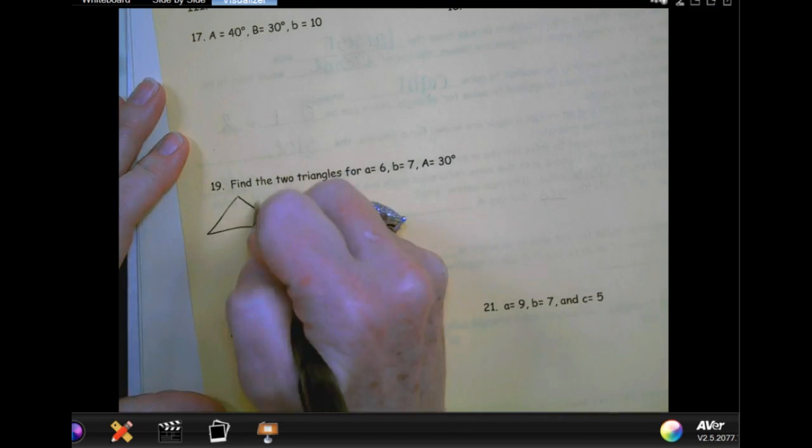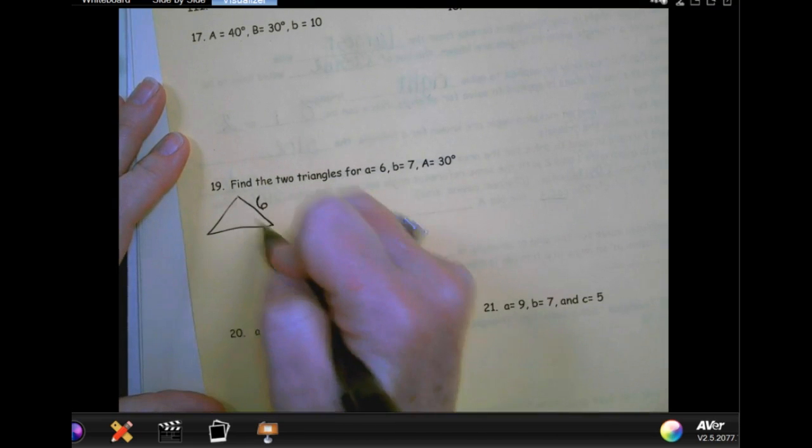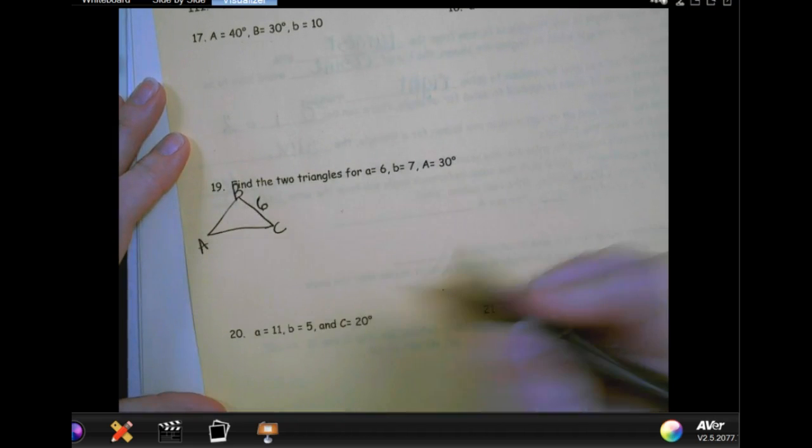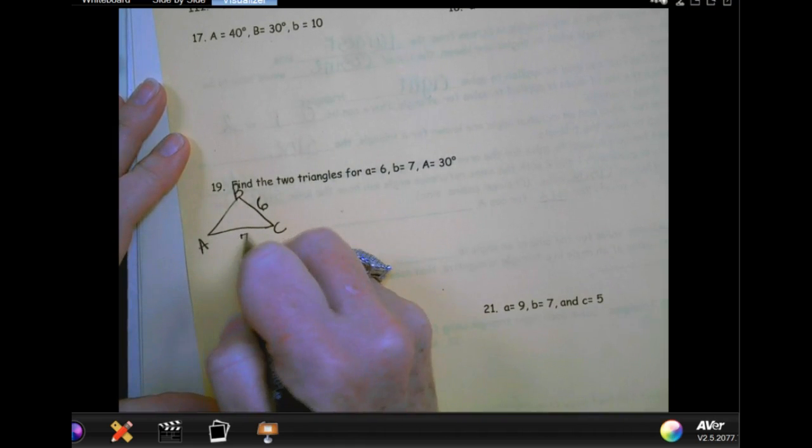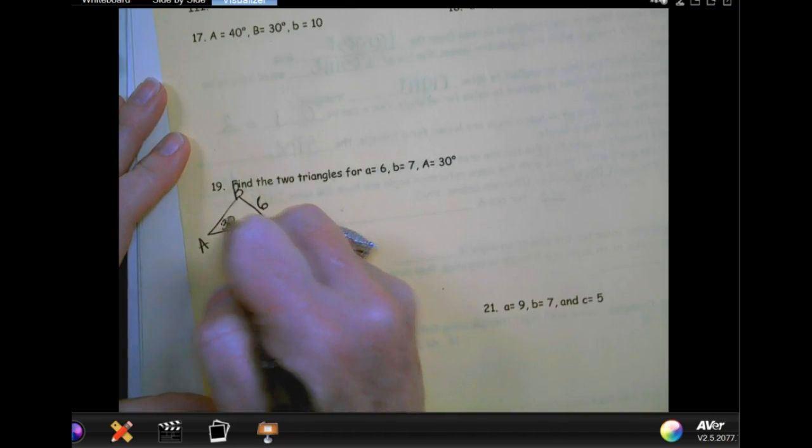So I have side A, which is 6. I have side B, which is 7, and the angle is 30. So what can I do here? Sine.